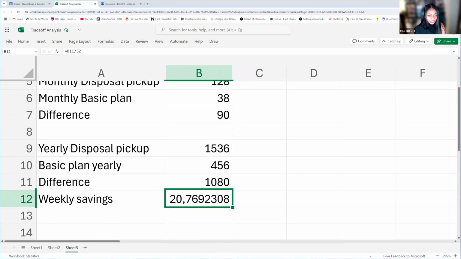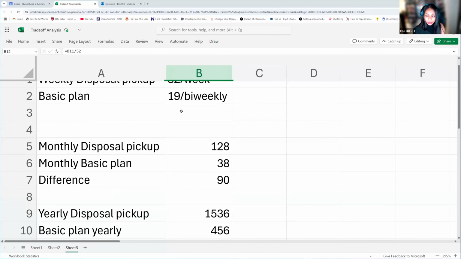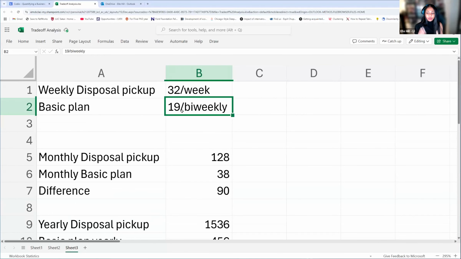So let's do this once more with feeling. So we have our 19. Oh, actually, I know what I did wrong. So instead of considering 19 times 2, we need to consider the cost per week. So this first step, since this is bi-weekly, we need to convert this into a weekly unit.